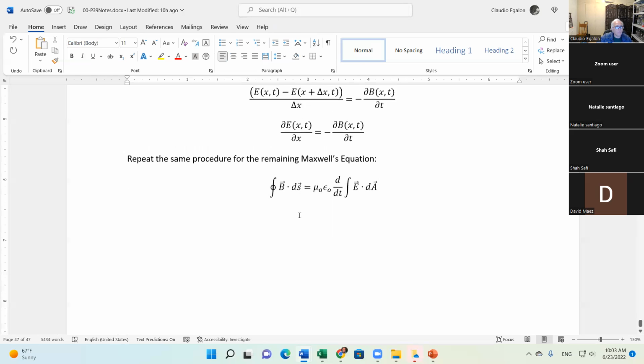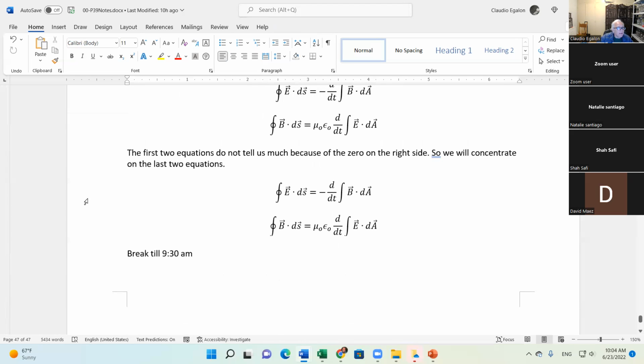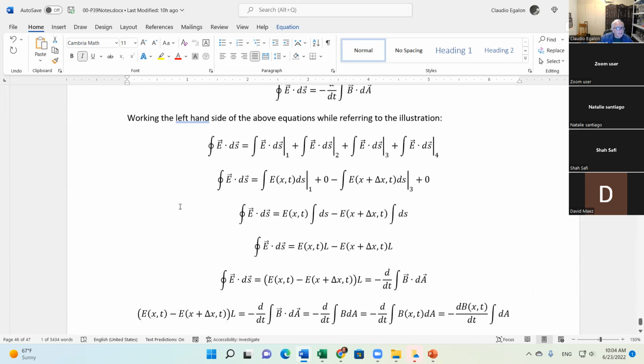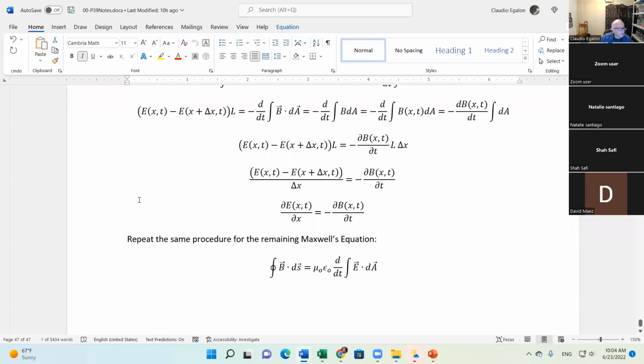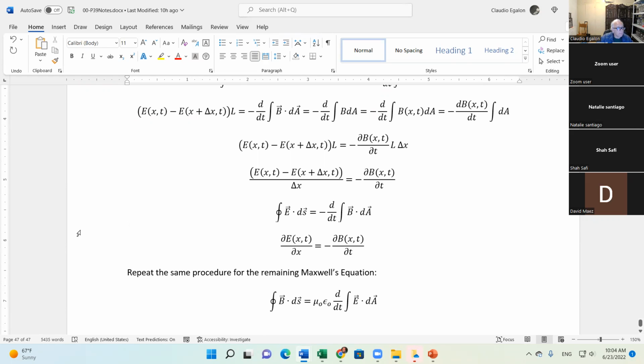Repeating for this one here, what do we get? Remember, it was the E that was in the past integral. I'm going to put it side by side. This integral results in this partial derivative.